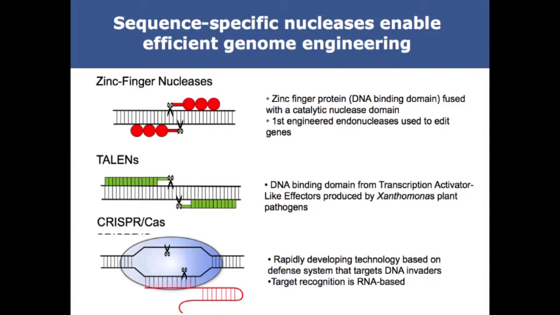A typical zinc finger nuclease has an array of zinc finger motifs. Each zinc finger will typically recognize 3 bases, so you can string zinc fingers together to create a molecule that will recognize your target of interest. They typically function as dimers. They bring in 2 monomeric nucleases that come together at the target and introduce that break.